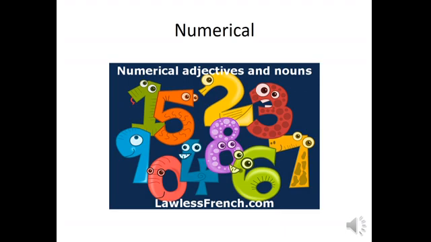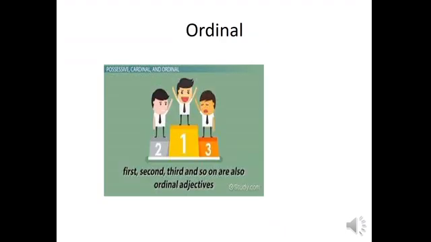They are numerical adjectives and nouns, such as 1, 2, 3, 4, 5, 6, 7, and so on. Whatever numbers you count, they are the numerical adjectives. One person, there were 7 apples, I brought 10 mangoes. So these are numerals, which give us an idea about numbers. Numerical determiners are the ones which give a count. Next is ordinal.